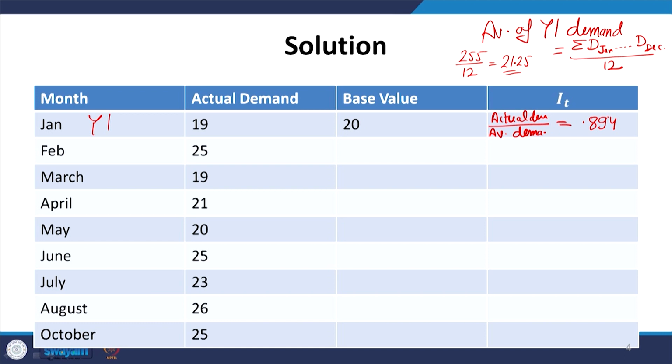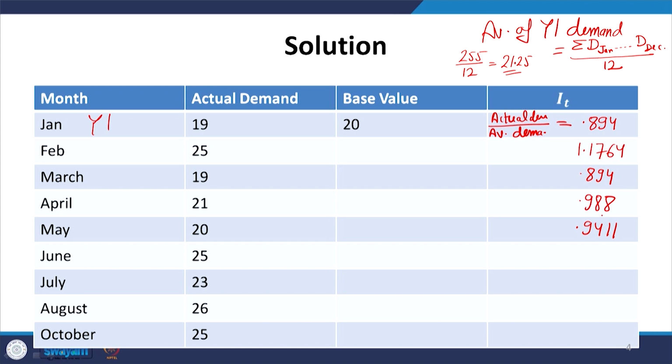Second is 25 divided by 21.25, which comes to 1.1764. 19 divided by 21.25 comes to 0.894. 21 divided by 21.25 comes to 0.988. 20 divided by 21.25 comes to 0.9411, and so on. You will calculate.